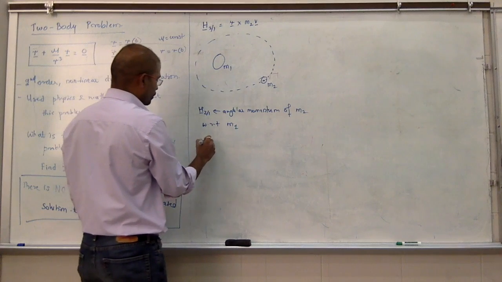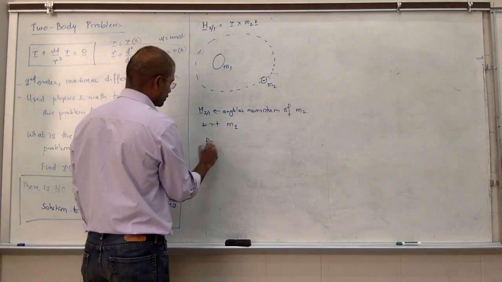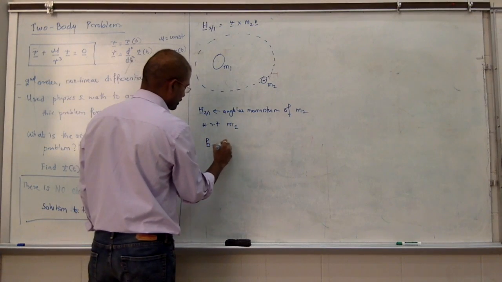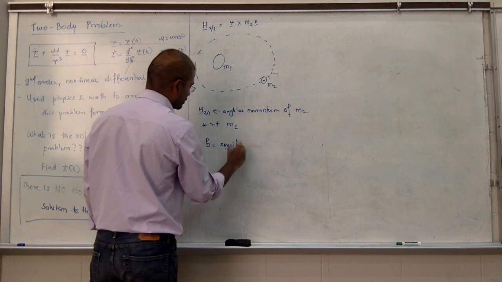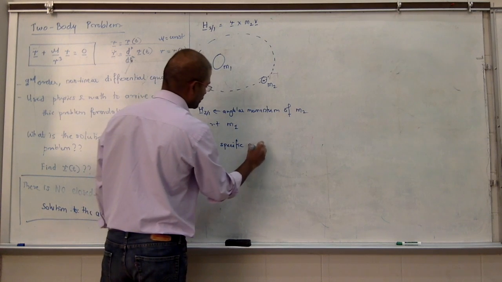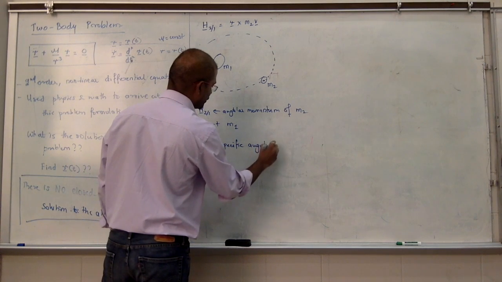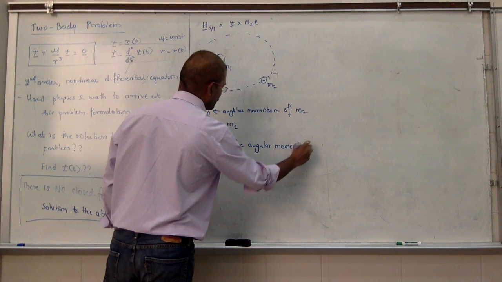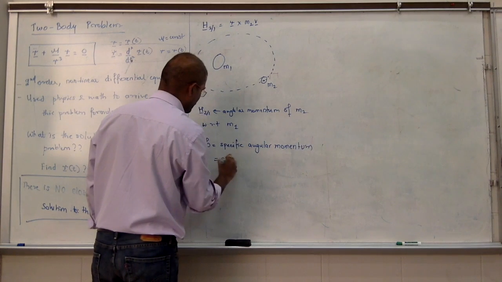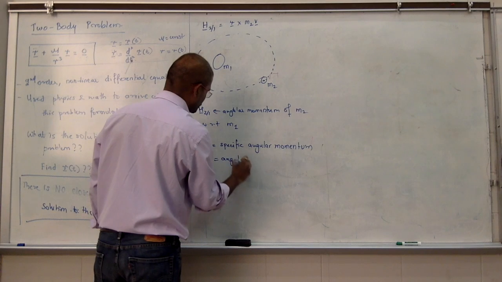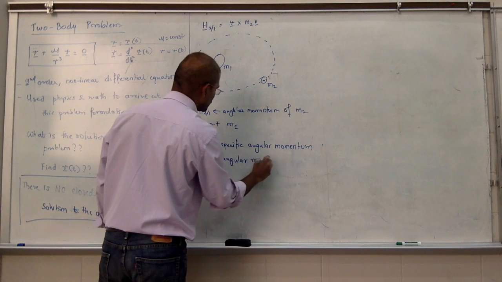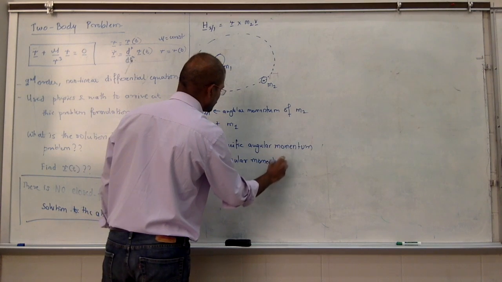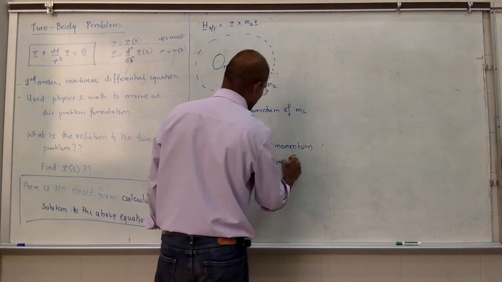Now we define this quantity h as specific angular momentum, okay, or angular momentum per unit mass.